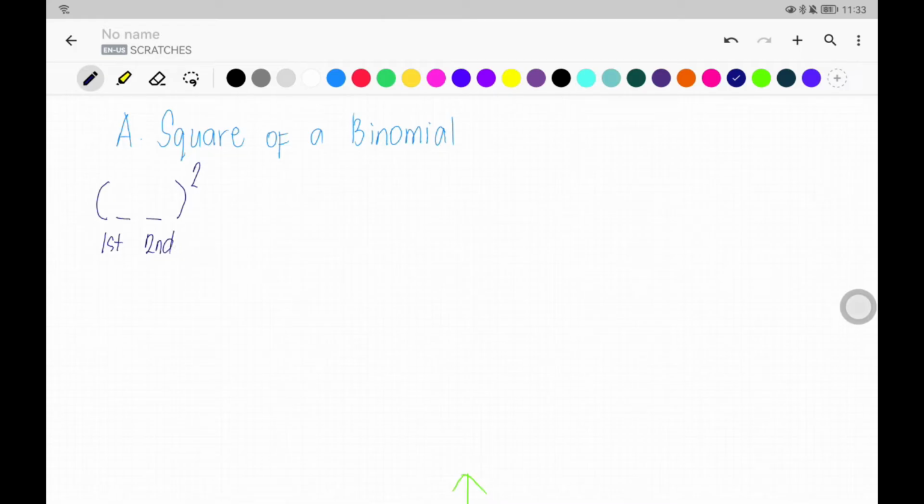Like say for example, ang binomial natin ay a plus b, and this is equal to what? Ganito lang naman kasimple kapag kinukuha natin yung final answer ng square of a binomial.